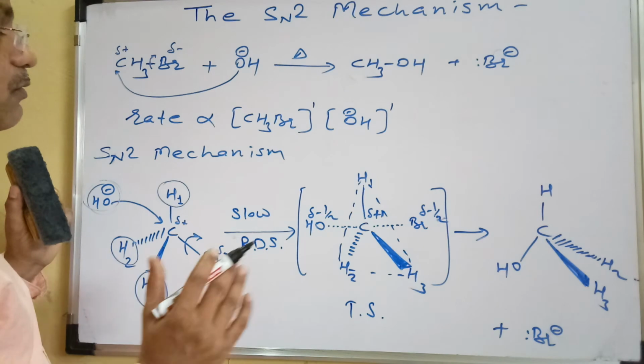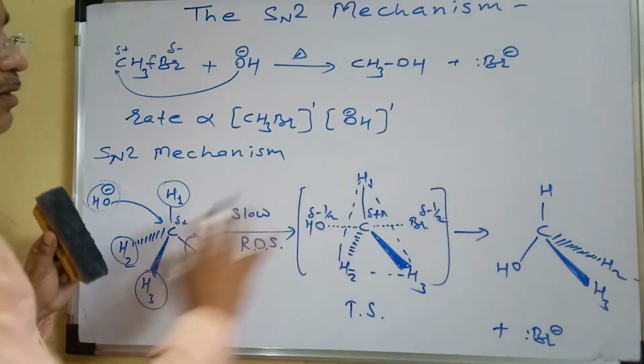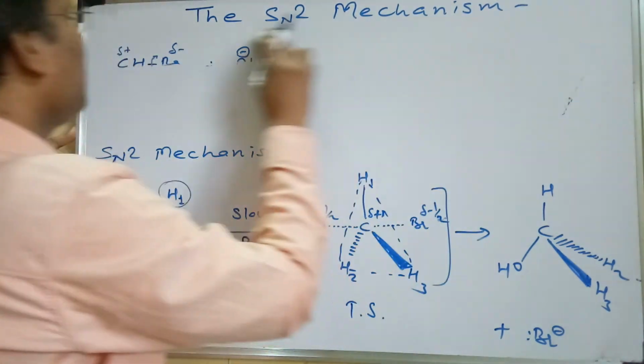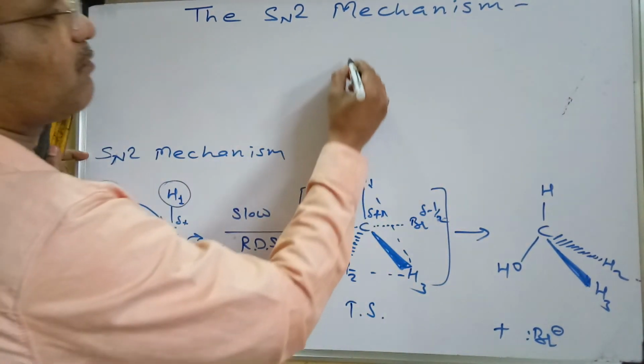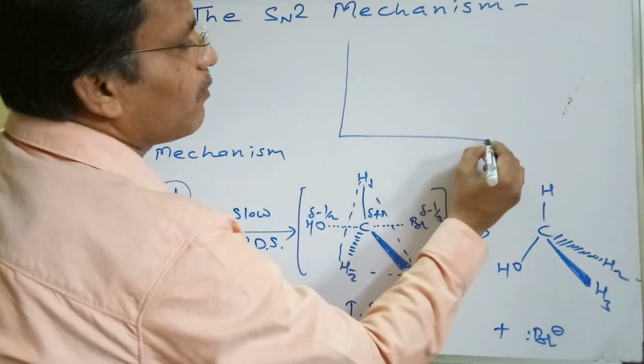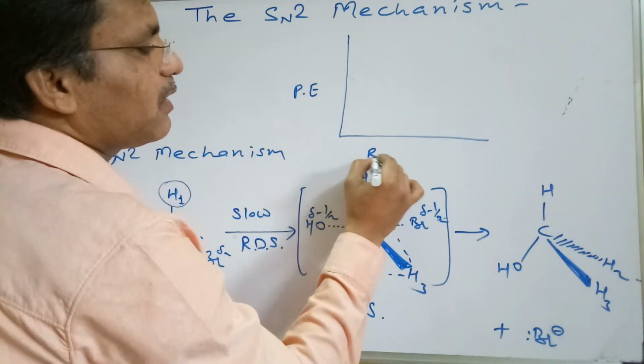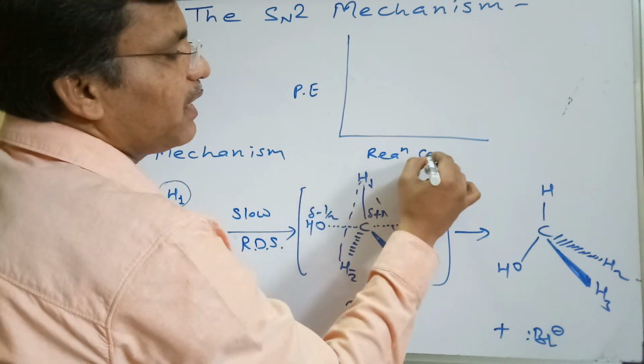If you want to know the potential energy diagram for this reaction, we'll draw it here. This axis is potential energy and this is the reaction coordinate.